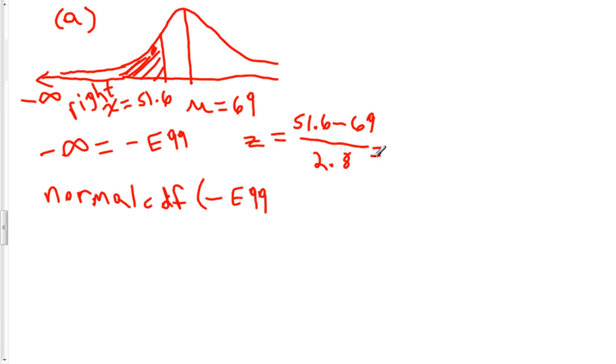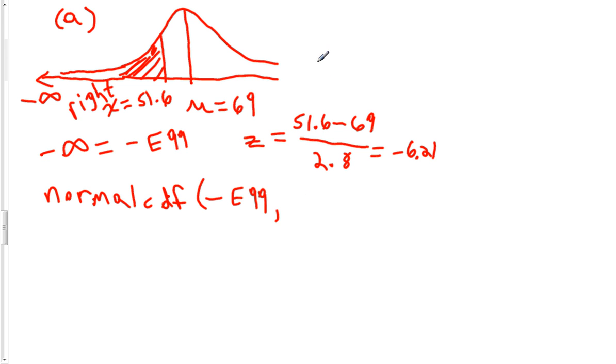So 51.6 minus 69, divided by 2.8, and we get a z-score of negative 6.21. All right, so negative 6.21 is going to be the right z-score.